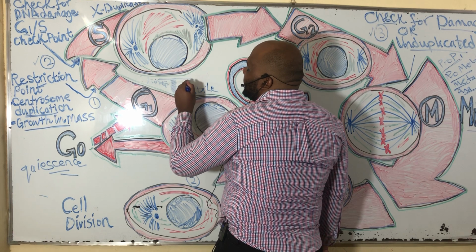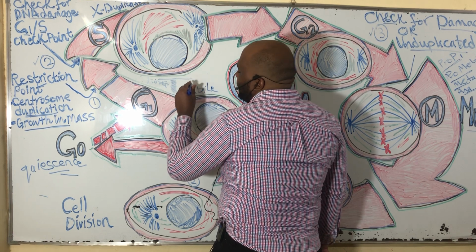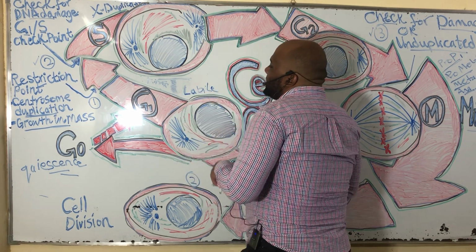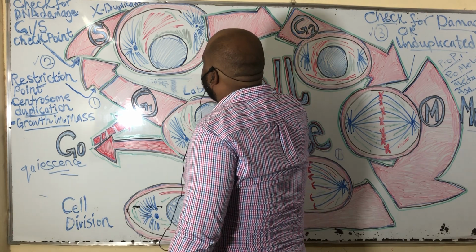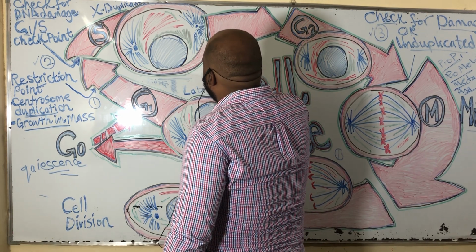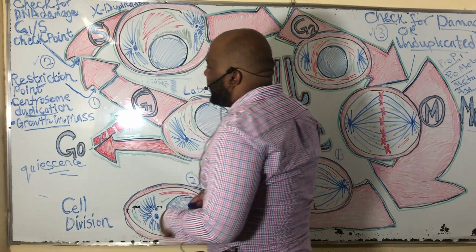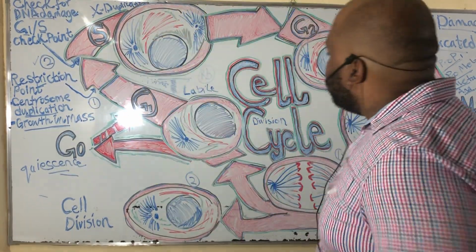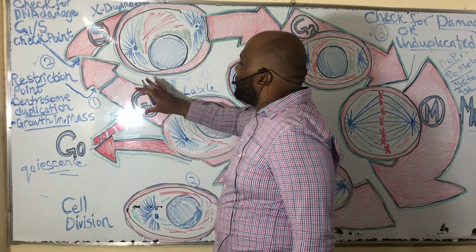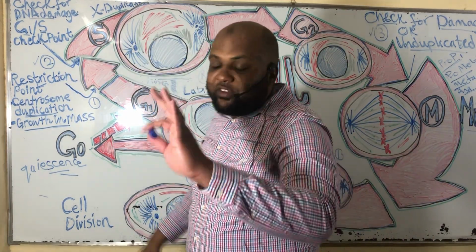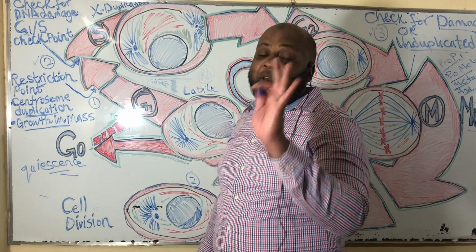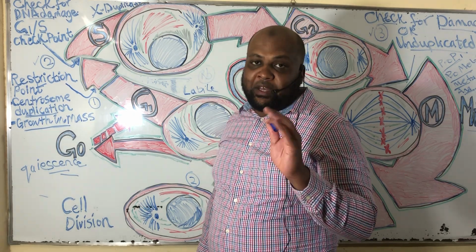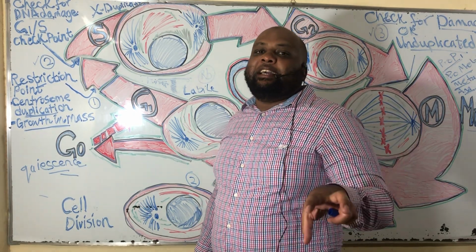When the cyclin-dependent kinase is activated, it will phosphorylate enzymes such as the RB protein that will push the cell into moving from one phase to the next phase. So you have different cyclin-dependent kinases depending on which phase of the cell cycle we are in. But the concept is the same.